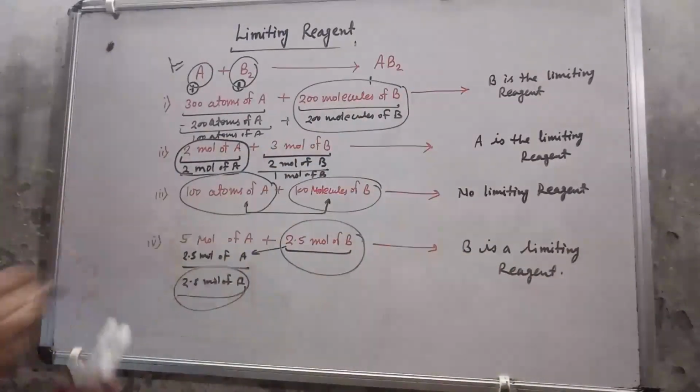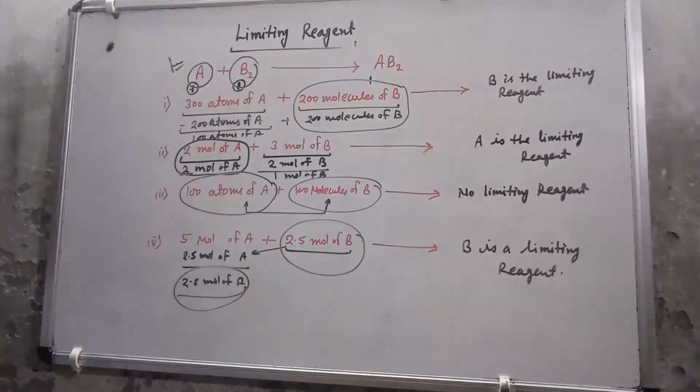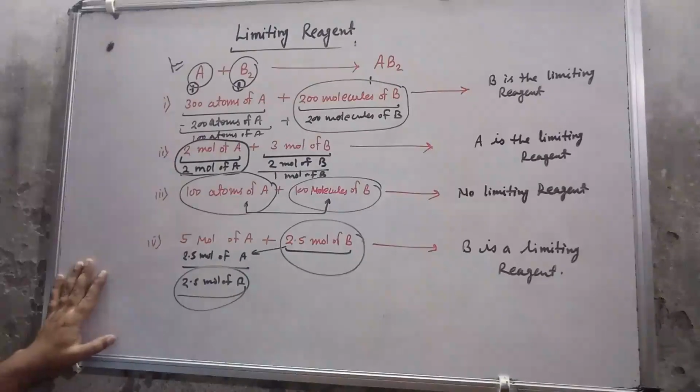I hope by this question it is easy for you to understand what the limiting reagent is and how to find it out. I think there is no doubt in this.